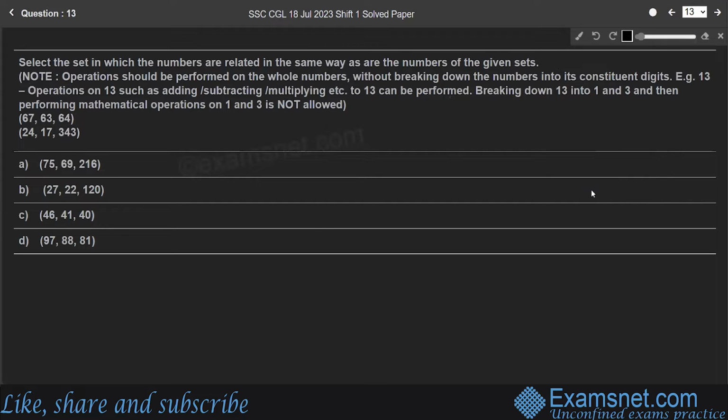Therefore, consider the given two sets of numbers. In the first set, there are three numbers, 67, 63, and 64. These numbers are related as, consider first number 67 minus second number 63, which is 4, whereas cube of 4, right, is equal to 64, which is the third number.